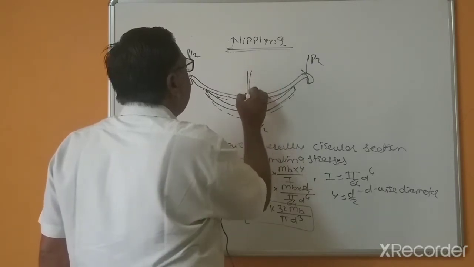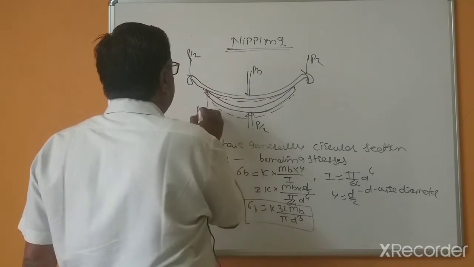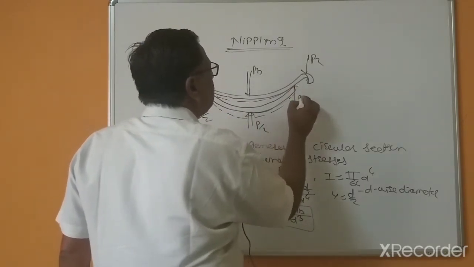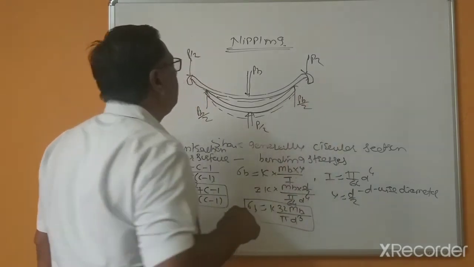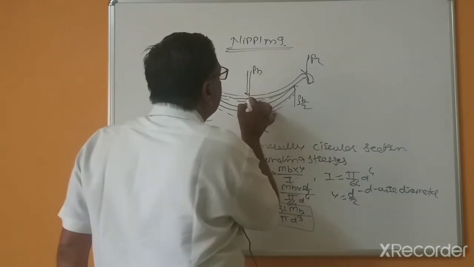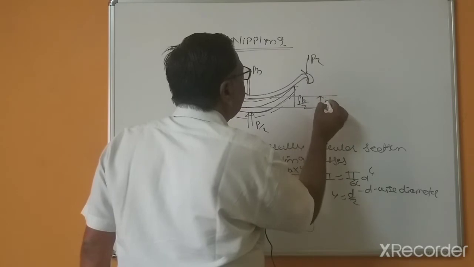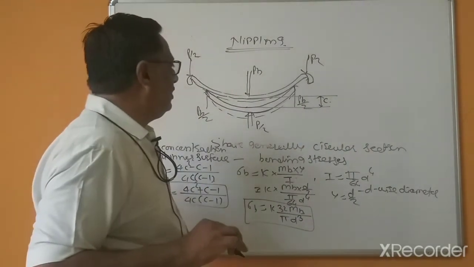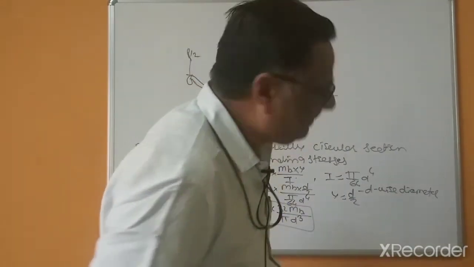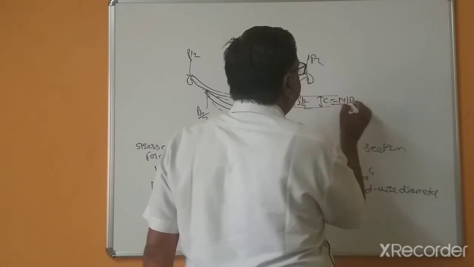So this is P total, and this is P by 2. Now this clearance between the master leaf and the graduated leaf is called C, and this is called a nip.